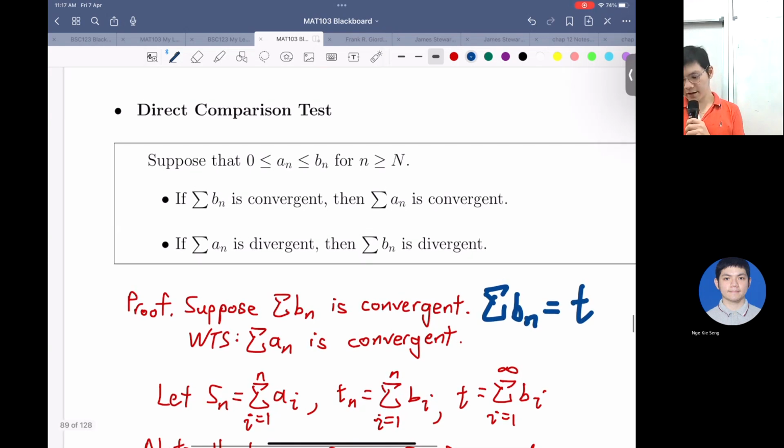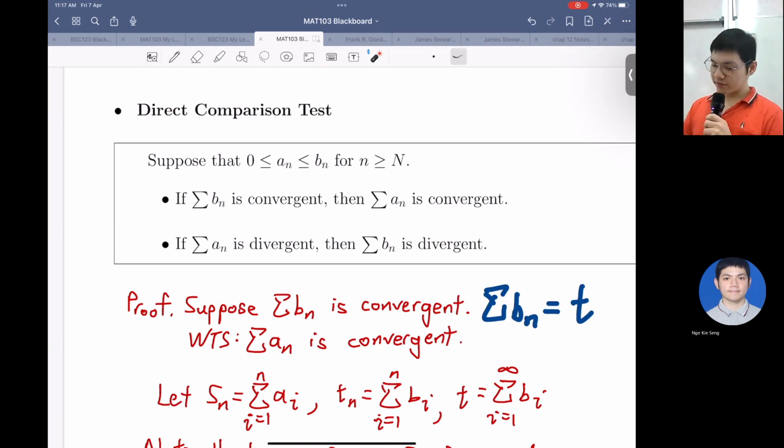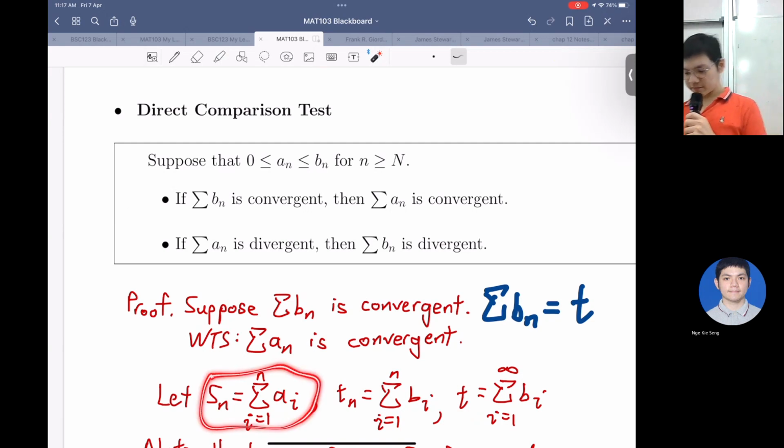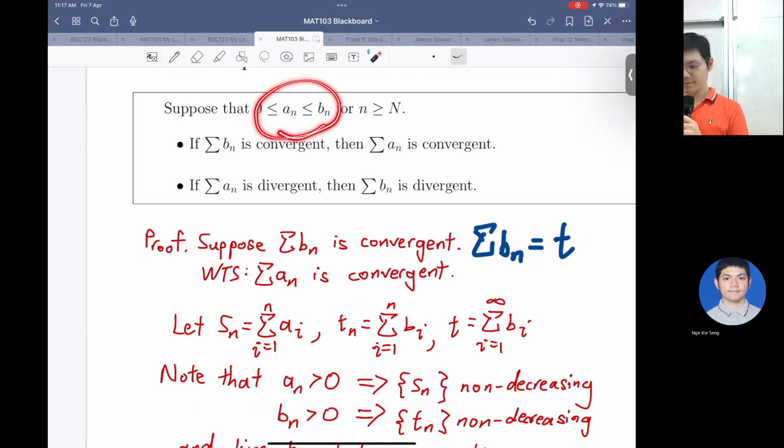Then we fix some partial sums for the infinite series of An and the infinite series of Bn. So we have three objects here: the partial sum Sn for An, the series of An, the partial sum Tn for Bn, and the sum to infinity for Bn because it converges. We want to find whether Sn converges or not. Note that both are positive sequences.